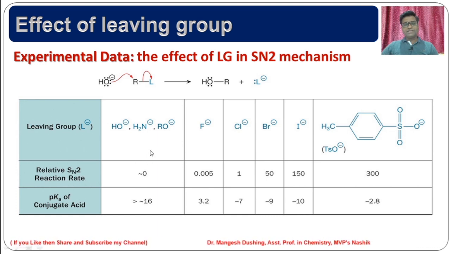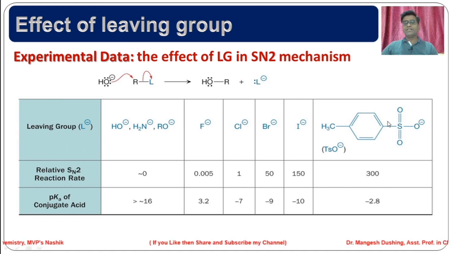The SN2 reaction rate in the case of OH minus, NH2 minus, and RO minus is very slow. In the case of F minus also, but going from left to right, the rate of reaction becomes higher and higher. In the case of tosylate, the SN2 reaction rate is very high.